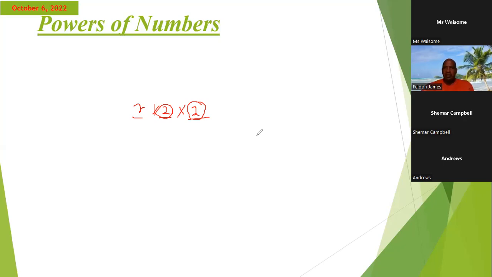Yes, but we're talking about a definition now. So if you're saying the power is the amount of times a number is multiplied by itself, then here you would have what? 2 to be the power because I multiply it 2 times.